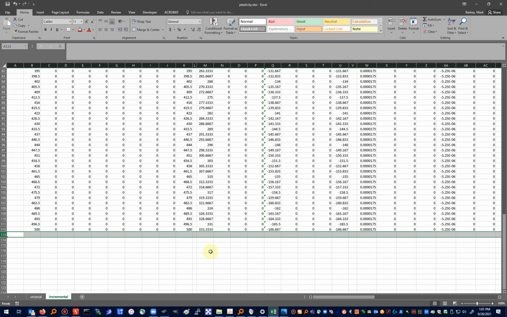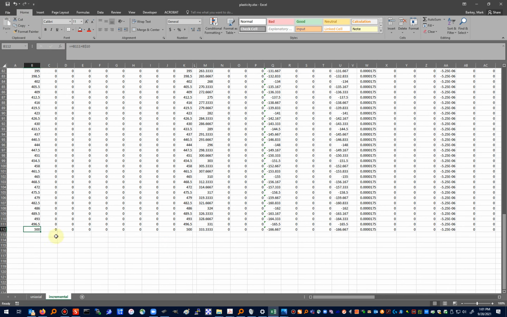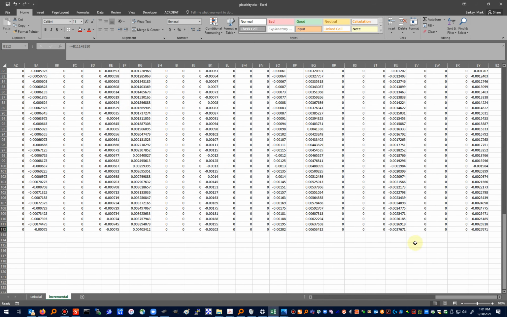Alright, so here's the moment of truth. What I'm going to do is plot the values for epsilon x and total plastic strain.